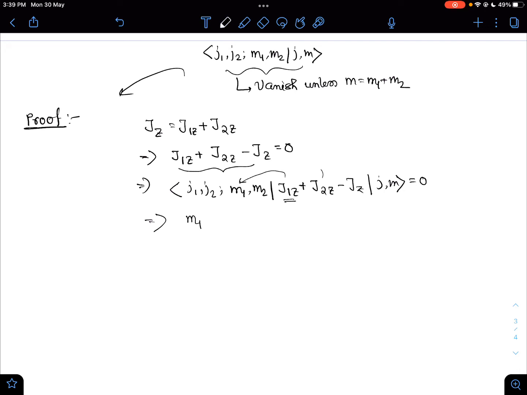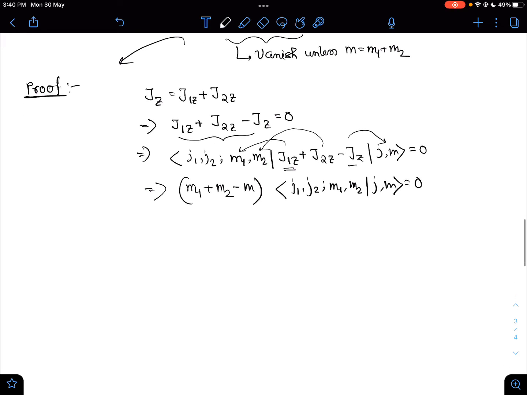Similarly, this will operate on this and give the value m2, and this will operate on this and give the value m. So we have this, and <J1, J2, m1, m2 | J, m>. So this is 0.